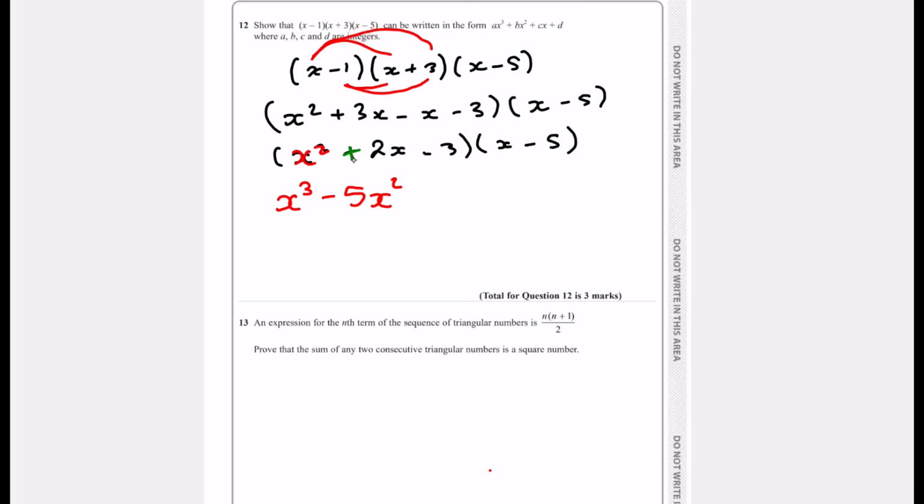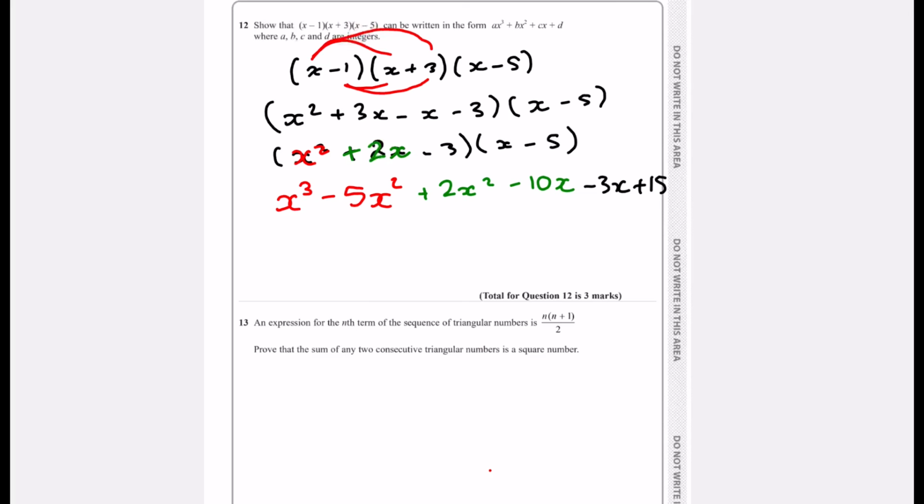Then we move on to the 2x. So 2x times x, 2x squared, 2x times negative 5, minus 10x. And then the negative 3 times x, negative 3x. Negative 3 times negative 5 is positive, and 3 5s are 15.